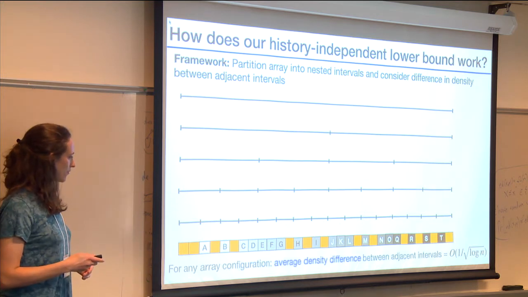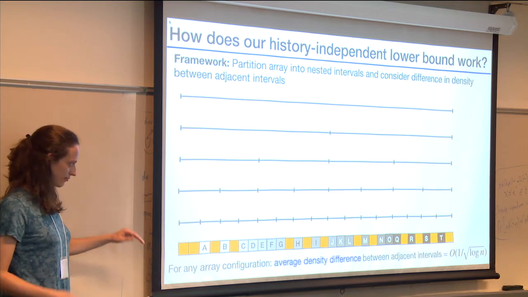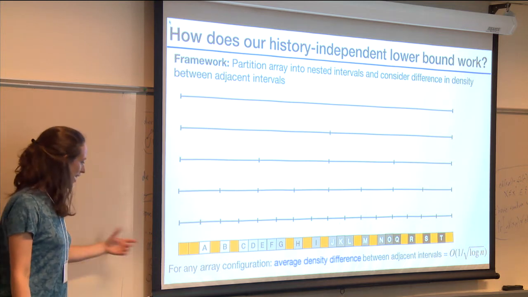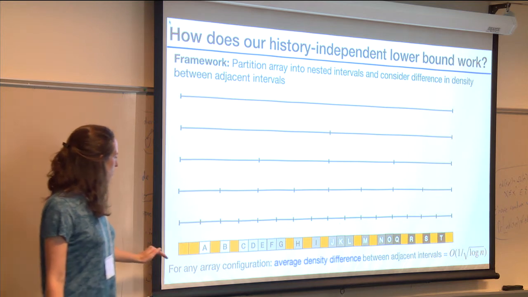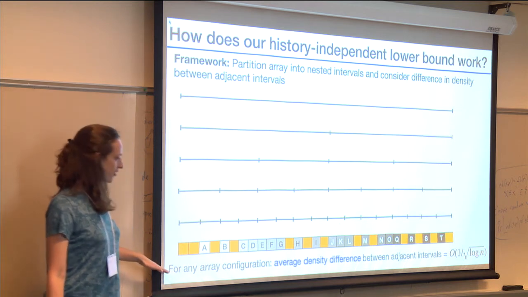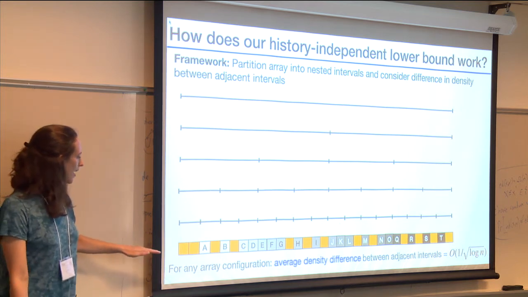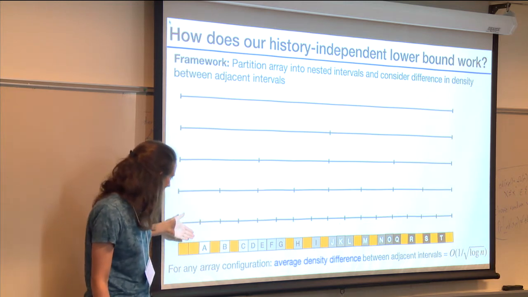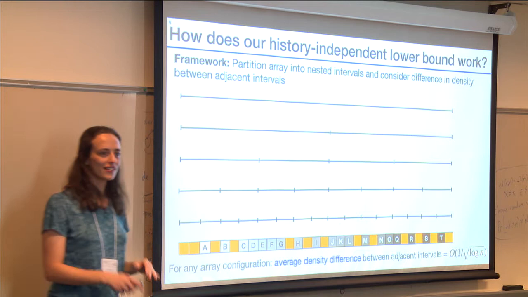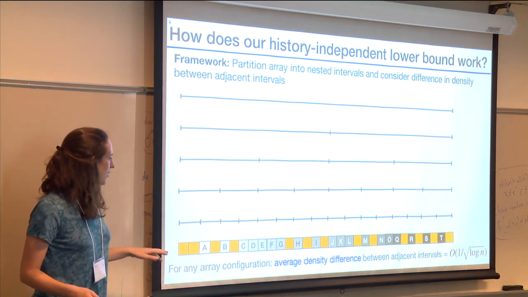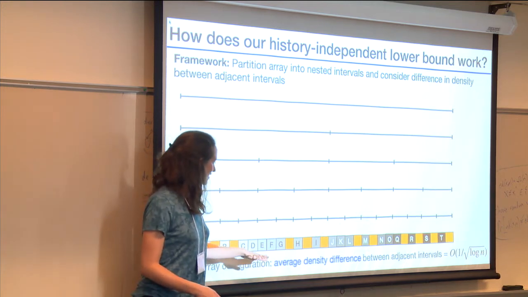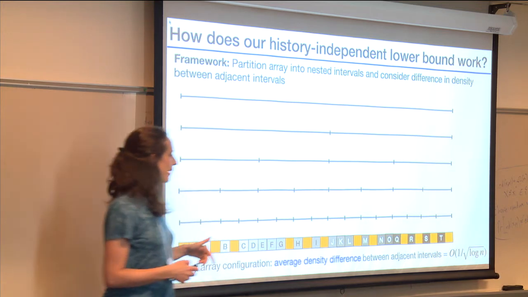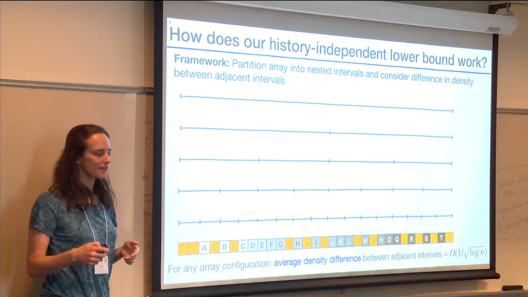And we use the following fact, which is not immediate and takes some time to prove, but I'm just going to state it. For any array configuration, as in for any way that the data could be in the array, it turns out that the average density difference between adjacent intervals is about 1 over square root log n.